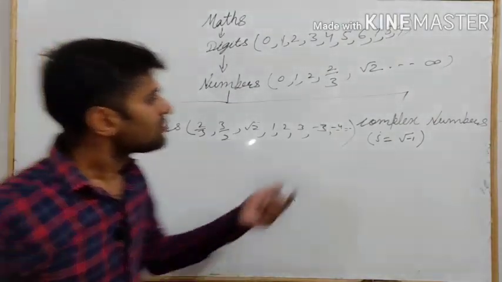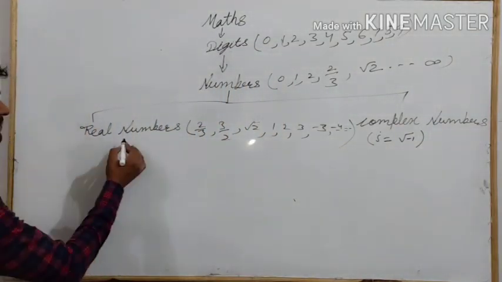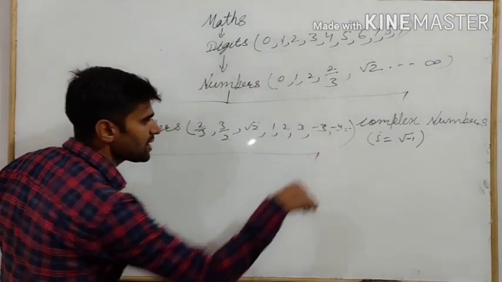It means numbers other than iota forms are in real numbers, and real numbers have two parts.